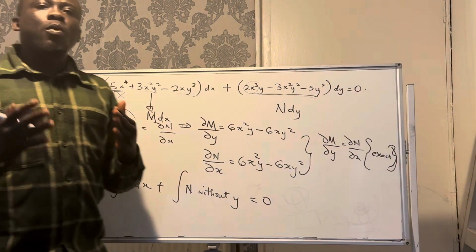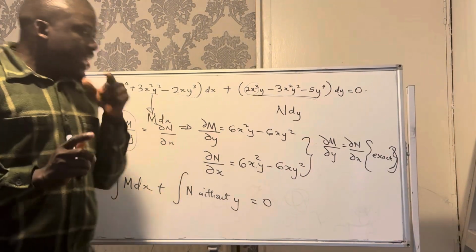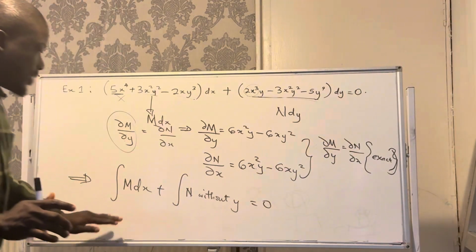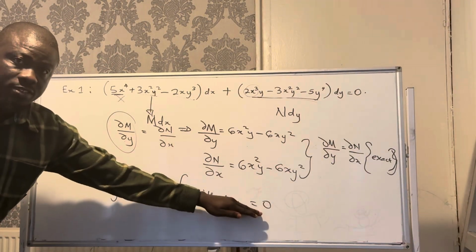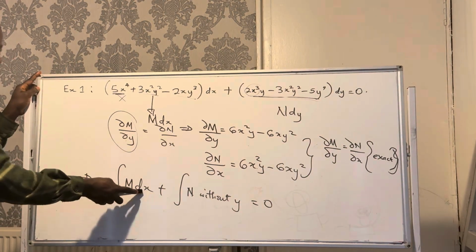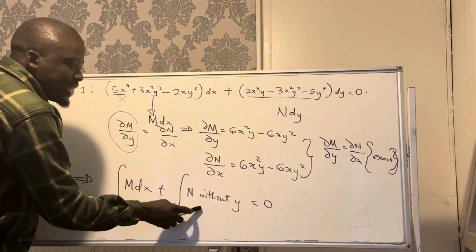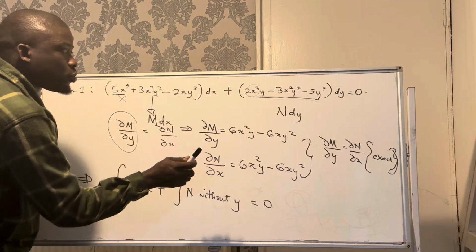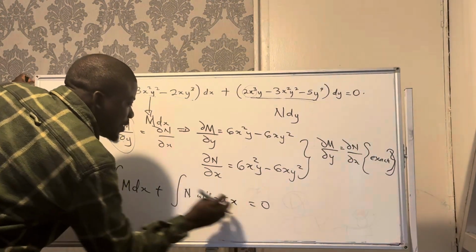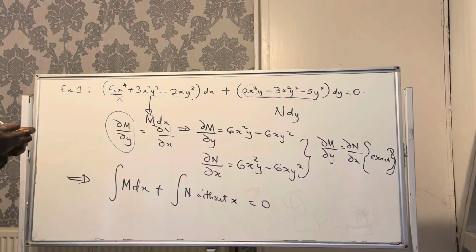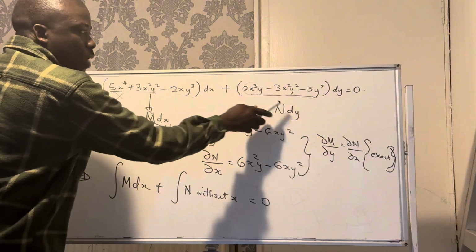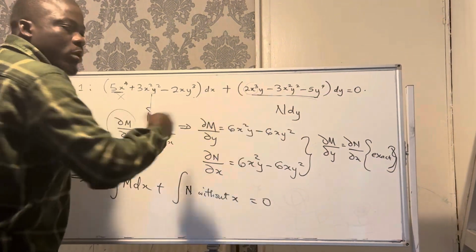Anytime you are solving problems related to exactness, immediately you notice that the values are exact, the next thing is to get your solution. How do we get our answer? You integrate M with respect to x, and you integrate N without x, meaning that any term on the right hand side where N has x will be neglected.